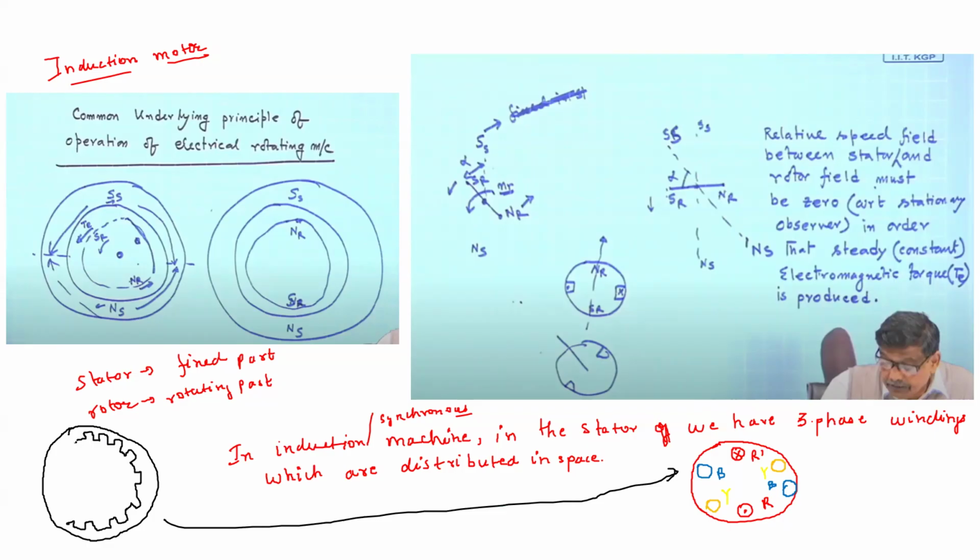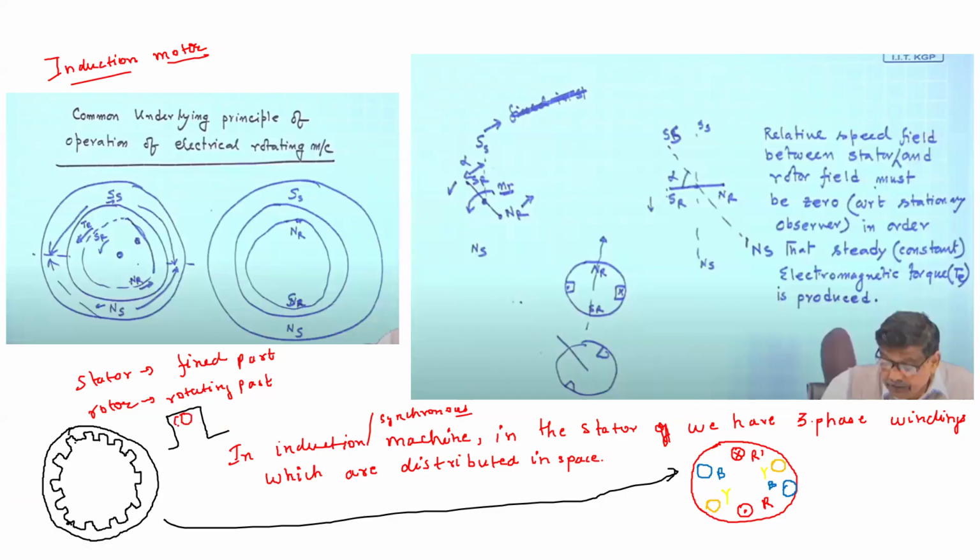So here I am representing a concentrated view. Here they are distributed. Distributed means that in each of the slots you have some R, Y, B windings. So this is one slot. I'm drawing one slot for example. In one slot you have some R phase conductors.